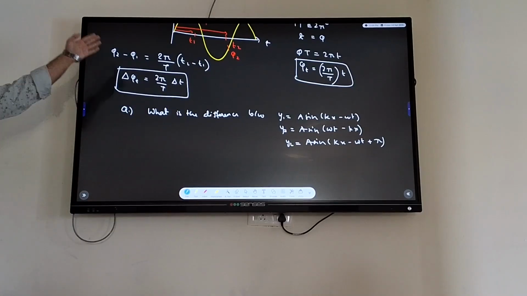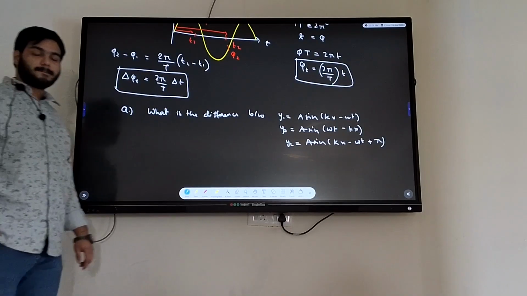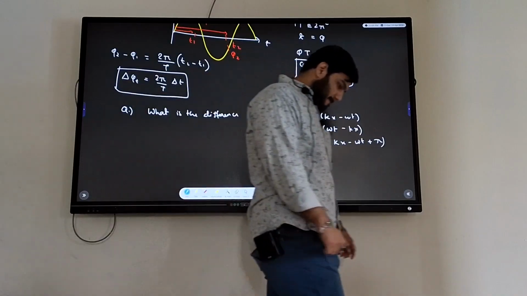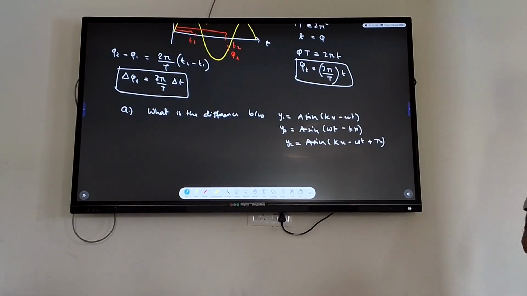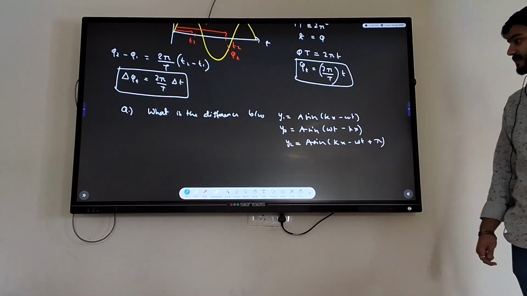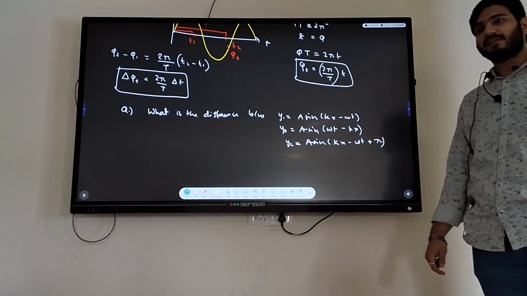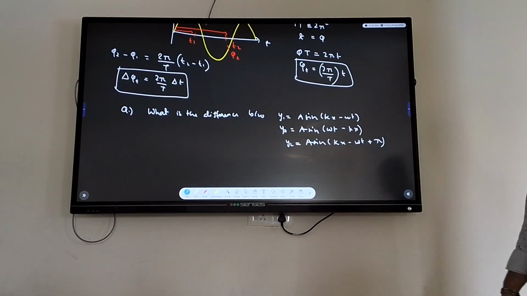Which phase difference? I have talked about so many phases now. Which phase difference is that pi? First one. What were you fixing in the first one? Two different waves at the same time. How many of you say that is the first one?